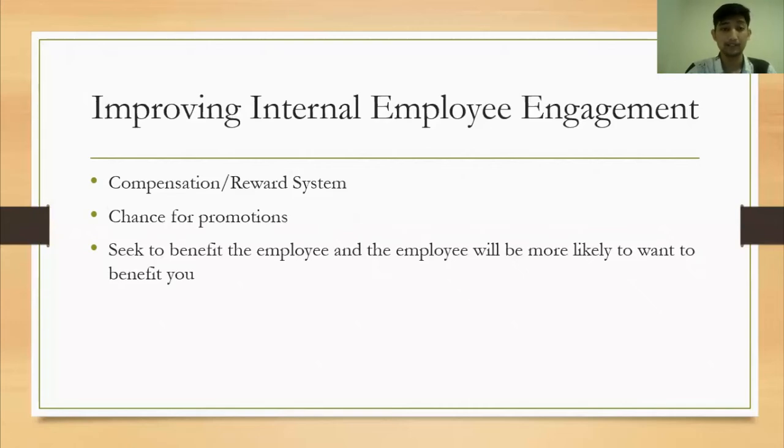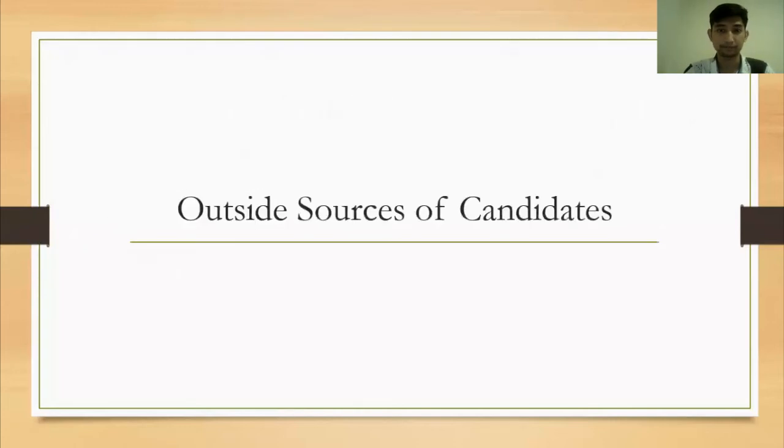And seek to benefit the employee, and the employee will more likely want to benefit you. If the employee feels like he is being prioritized, then there's a high chance that he will also prioritize the organization as a whole. So it's important to consider that.